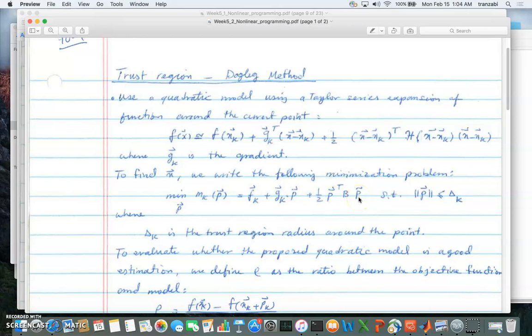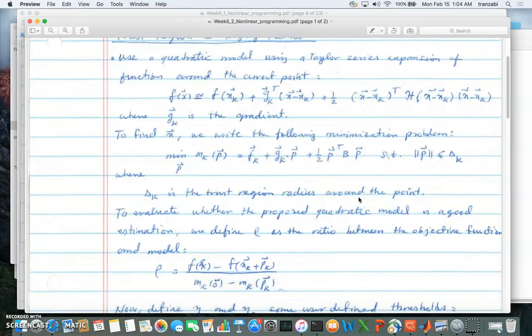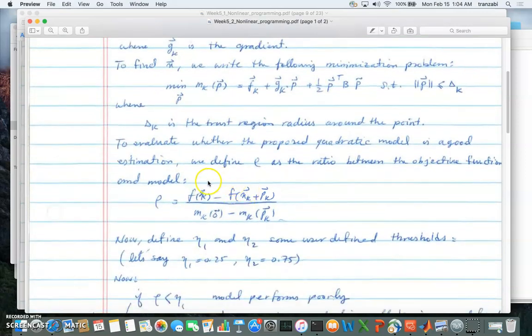Now the question is how we go about finding p. We're going to talk about that in a minute, but let's say after we find p, we have to check whether the step size is large enough. So we're going to find that ratio same as we discussed before: the change in the function divided by the change in the Taylor series version of the function, which is right here.